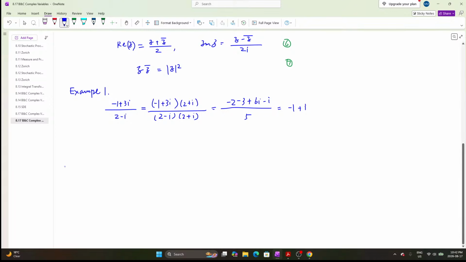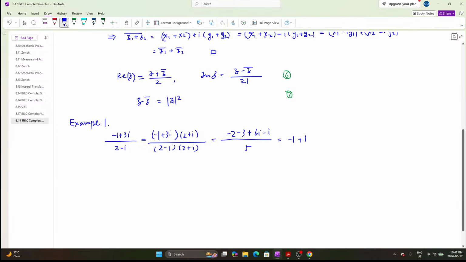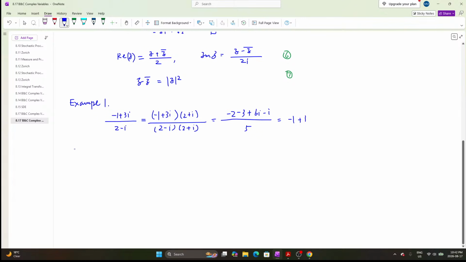Here, you can use this identity. You can use 7 to obtain properties of modulus.